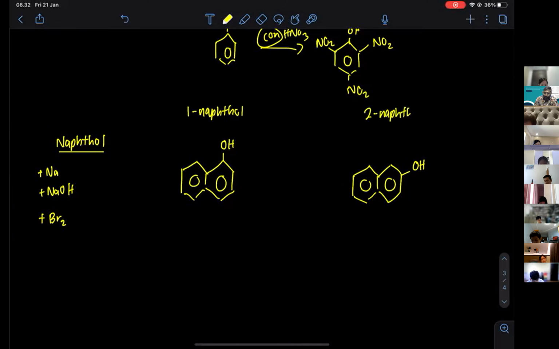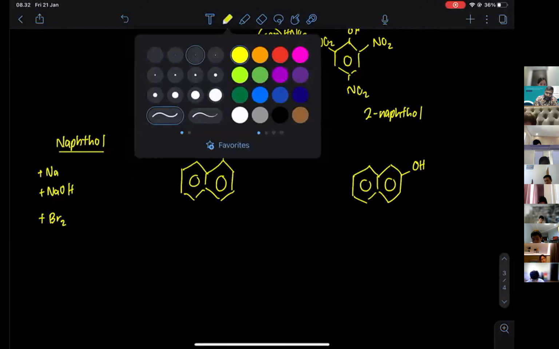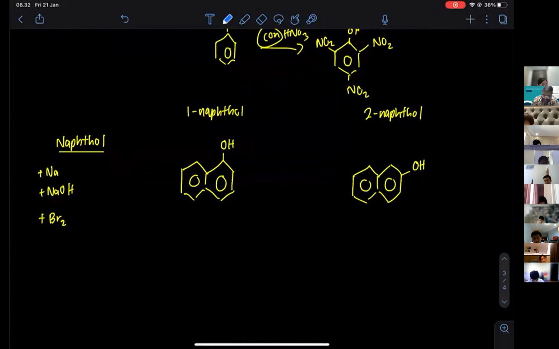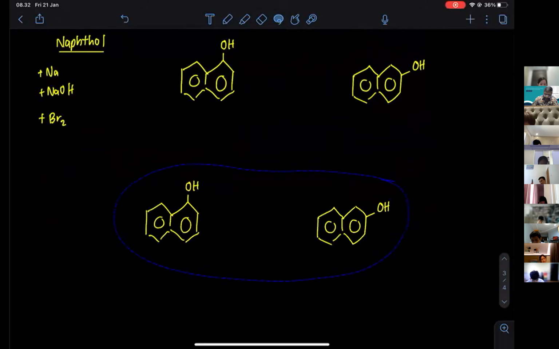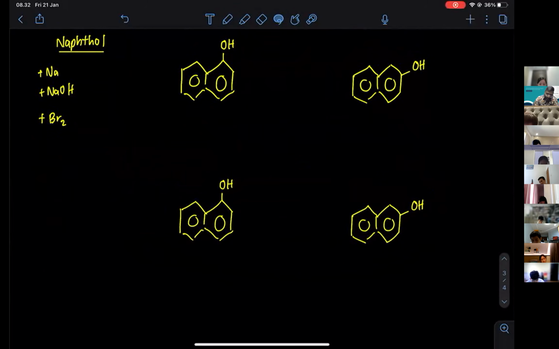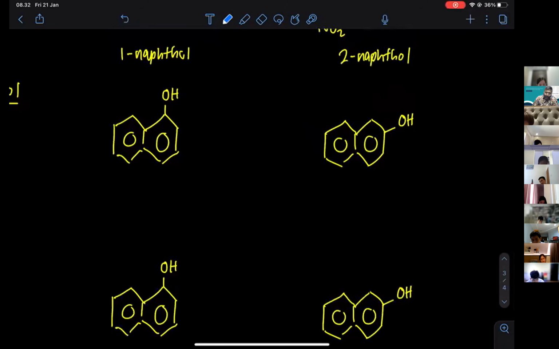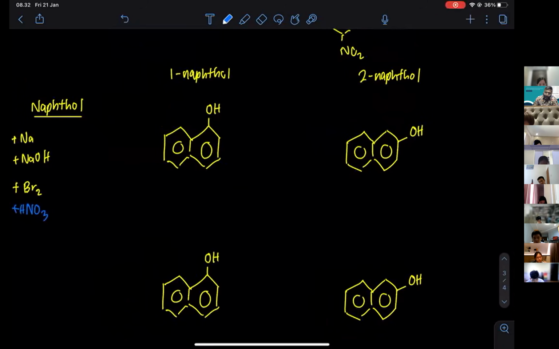So if you have reaction with Br2, I will just draw here the Br2. Let me select this, copy and paste it for the reaction with HNO3. Now, when you react with Br2, OH is going to activate position 2, 4, 6.